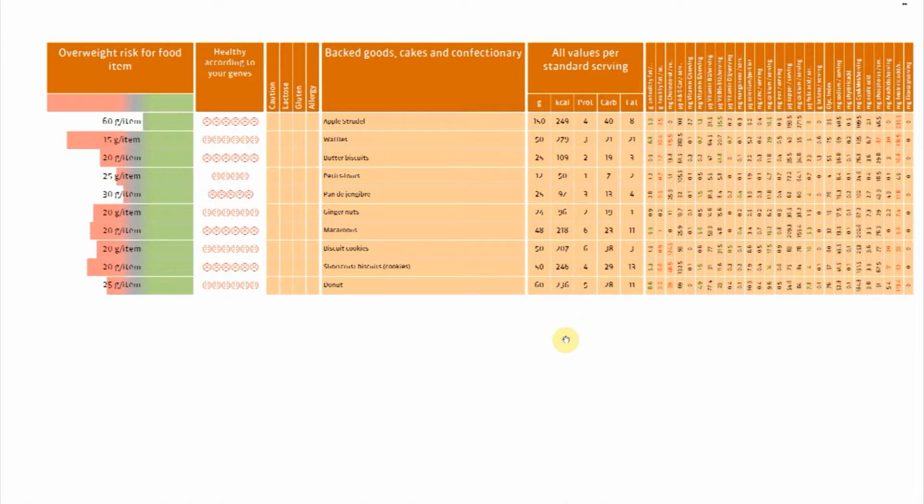So a person can eat 60 grams of apple strudel to have the same weight gain effect as 15 grams of waffles. So what does this tell you? It tells you eat more apple strudel and less waffles if you have the choice. If both taste maybe the same to you, then you can choose the ones that are better for your genes.